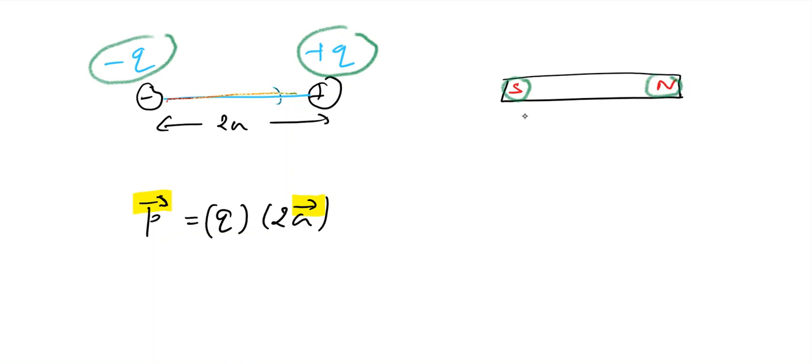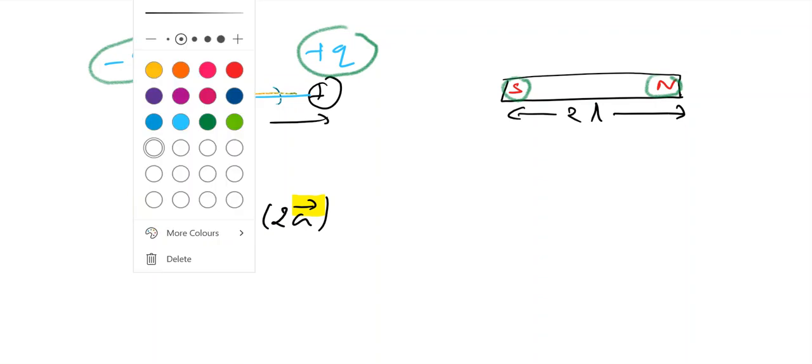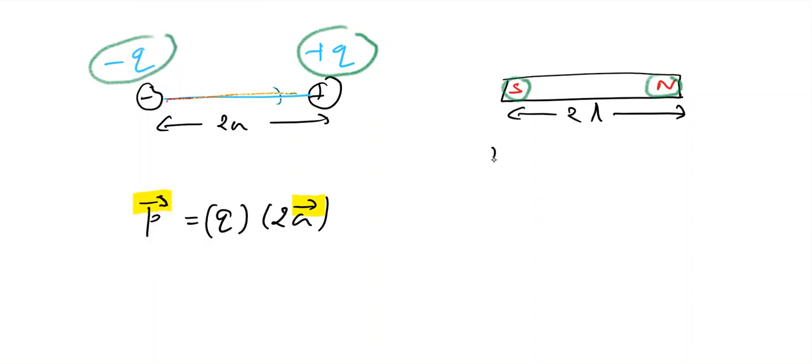Now if I say that the separation of the poles is 2L, or length of the bar magnet is 2L, or length of the magnetic dipole is 2L, then there is similar quantity called dipole moment defined for bar magnet also, which is nothing but M, which is equal to small m into 2L.